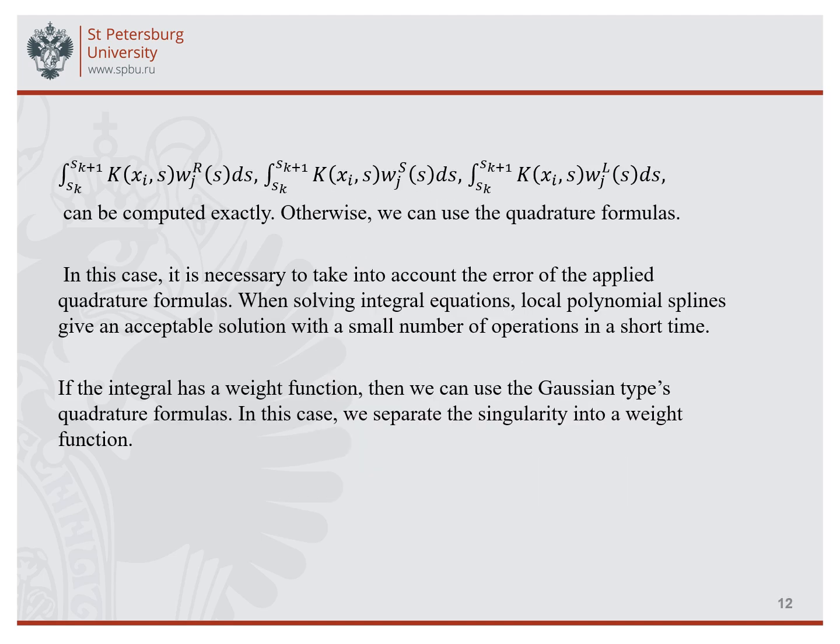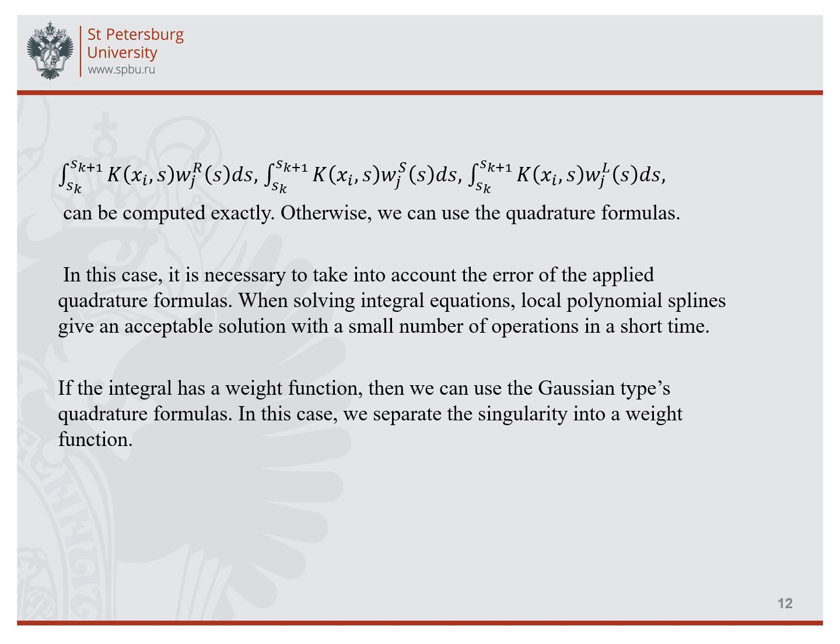Here we can see some integrals that can be computed exactly. Otherwise, we can use the quadrature formulas. In this case, it is necessary to take into account the error of applied quadrature formulas.